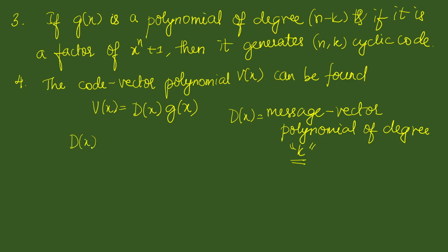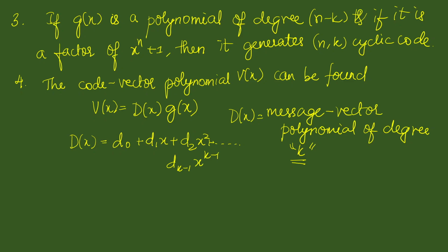So d of x is equal to d naught plus d1 into x plus d2 into x square, and so on. The highest power on x would be x raised to k minus 1, so totally it is a k degree polynomial.